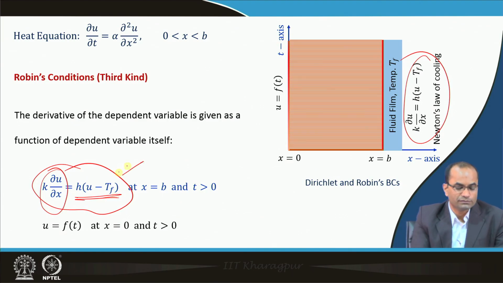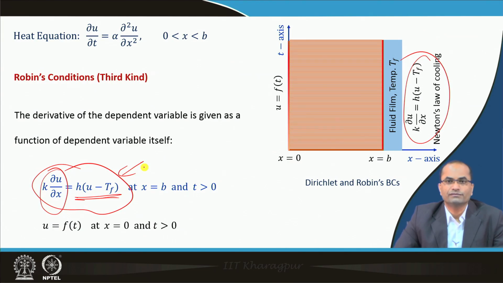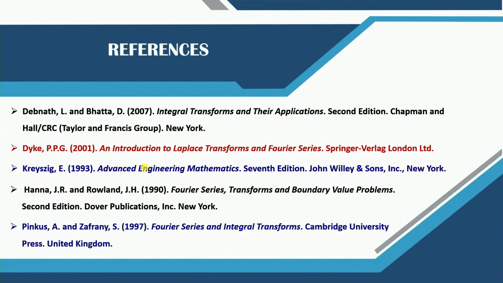So, the handling of this boundary condition is the most difficult among these three. These are the three types of boundary conditions we have discussed associated with the heat equation, but we can extend this idea to any other equation, for example the wave equation or the Poisson or Laplace equation.